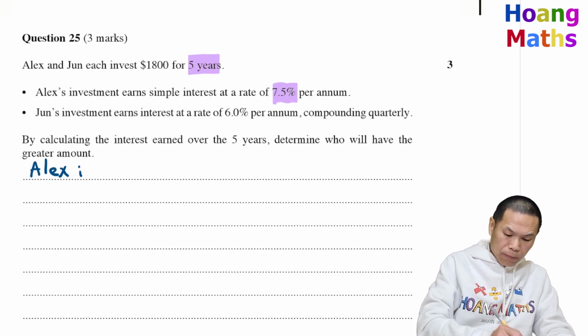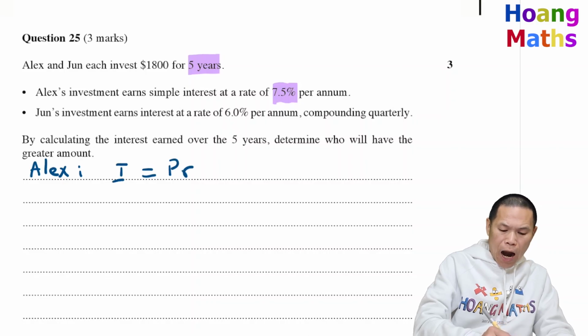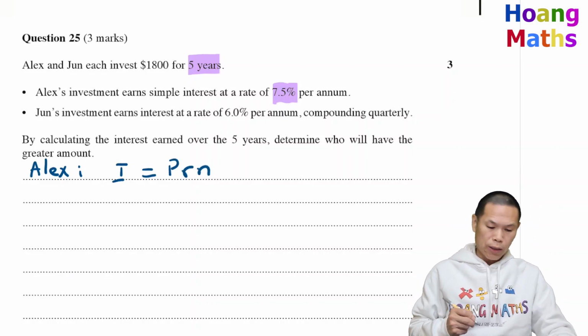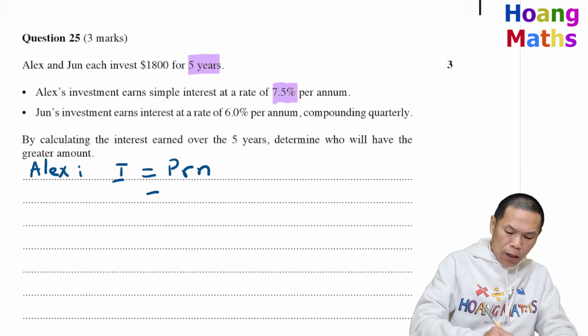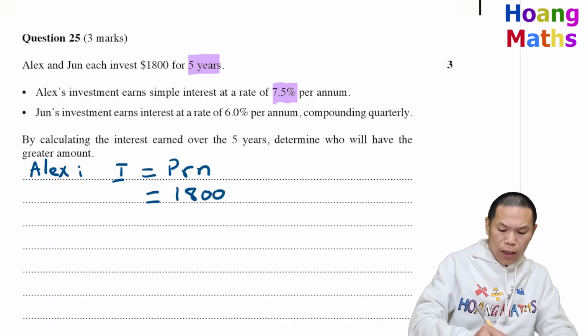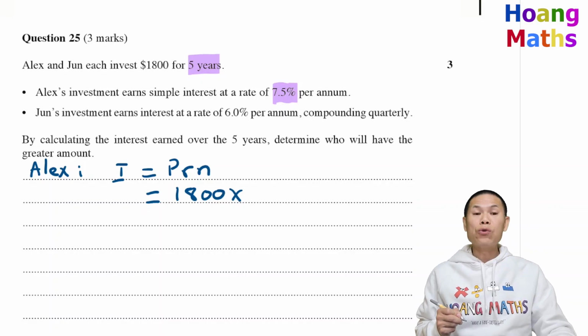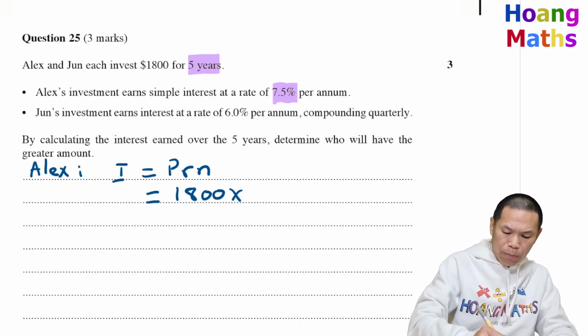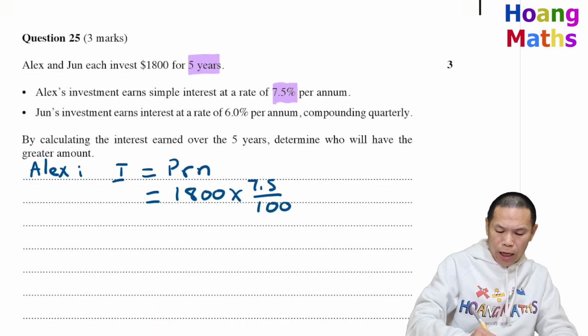Alex. So I is PRN because it's simple interest. So that will give me equal P is 1,800 times the interest rate, that is 7.5%. Percent means per 100, and times N. N is 5.